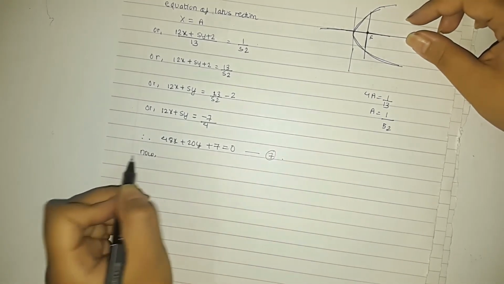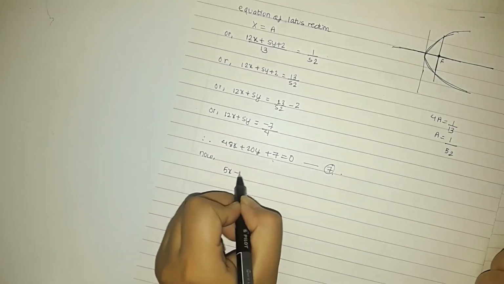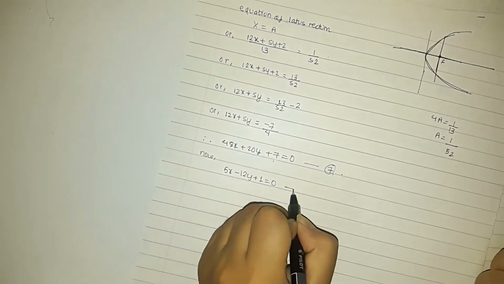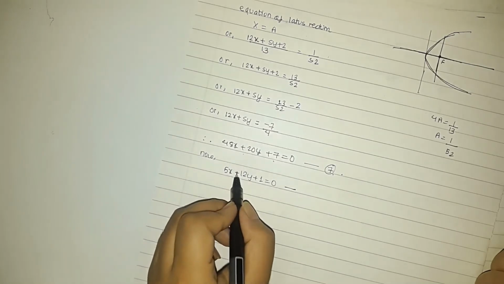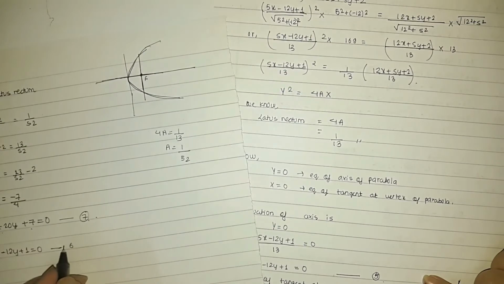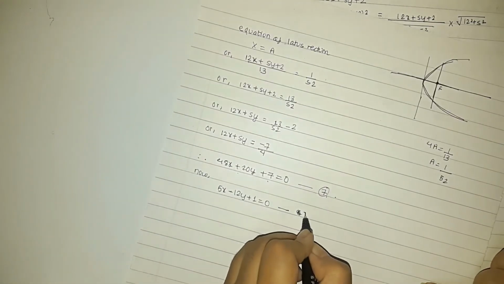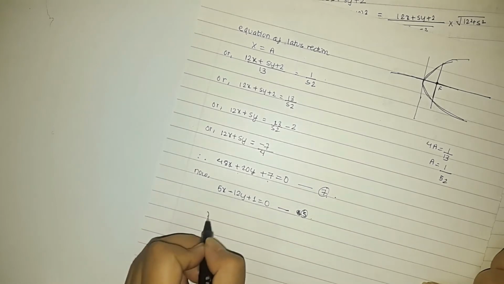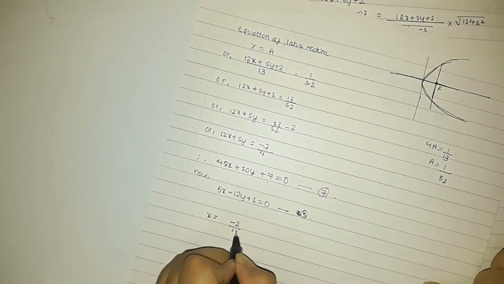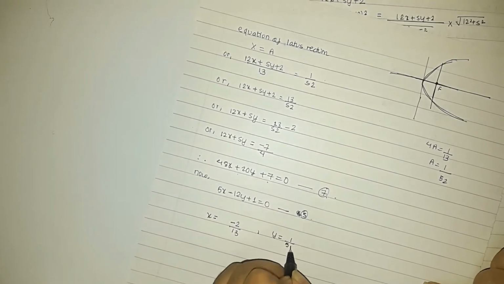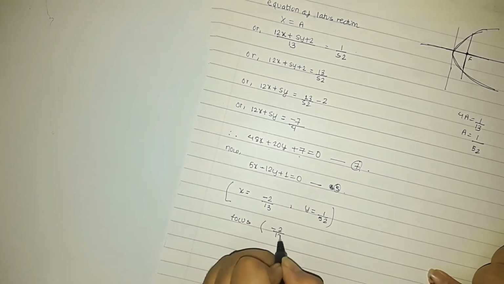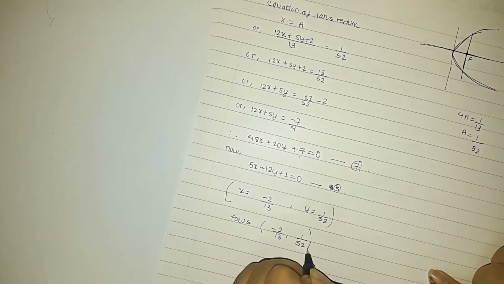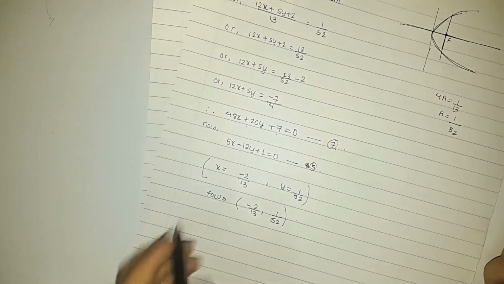Now, since this is the point on 5x minus 12y plus 1 equals 0, which is the equation of the axis, solving equations 6, 5 and 7, we get x comma y as minus 2 by 13 and 1 by 52, which is the focus.